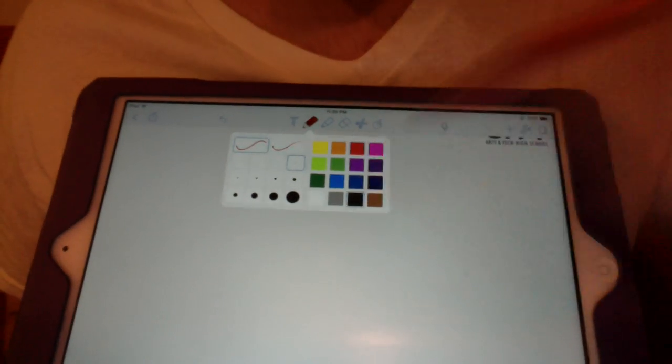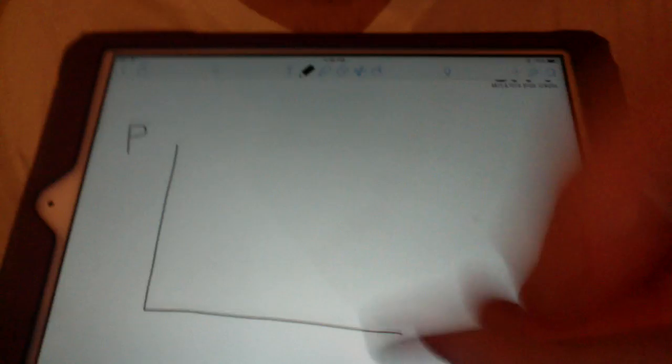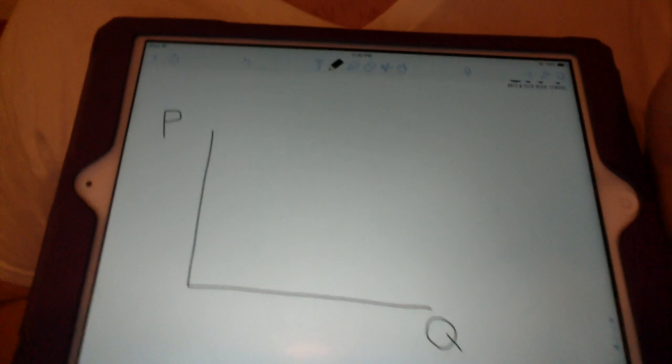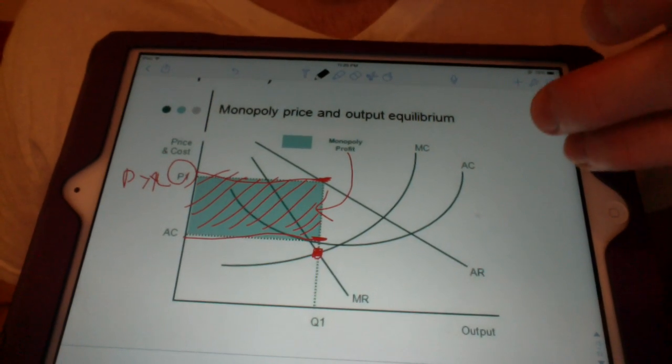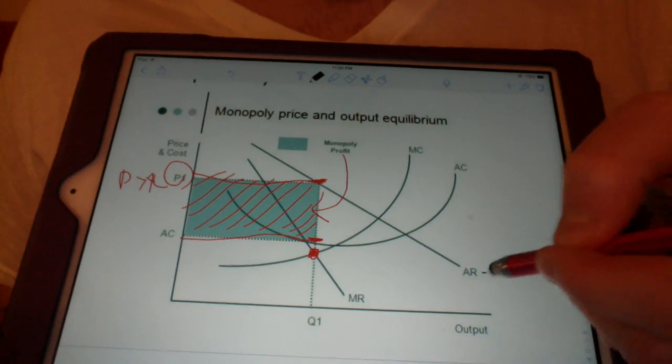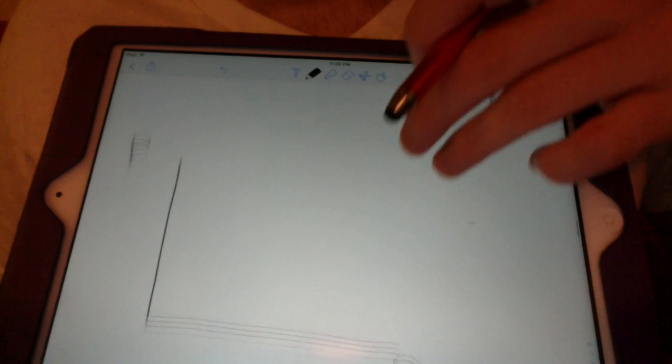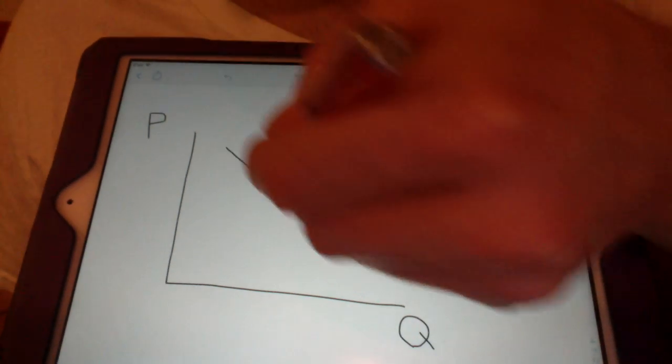So let's take a look and recreate this. All right, this will take me a second because I'm working upside down. So we start with our 2 axes. We've got price, we've got quantity. And let's start with the demand curve. Also, average revenue, this is your demand curve. That's the same thing. So this is going down.